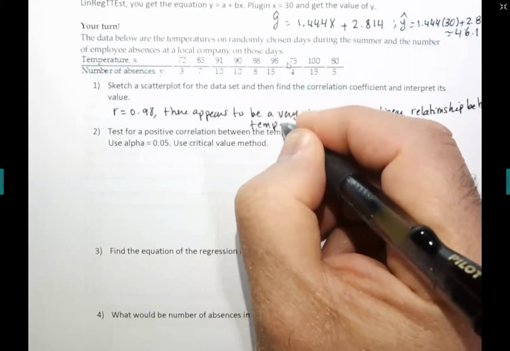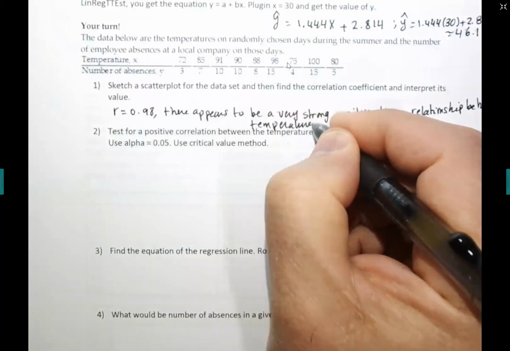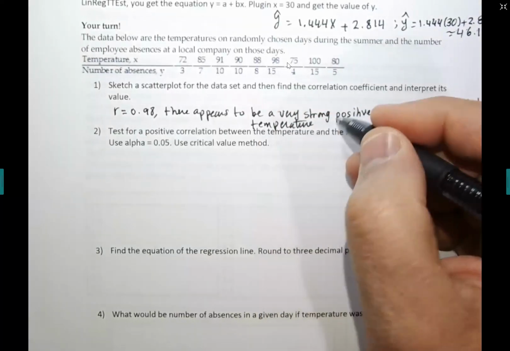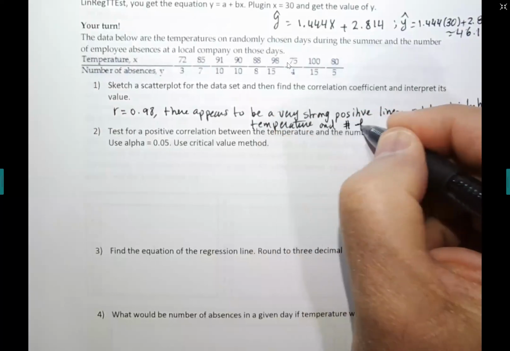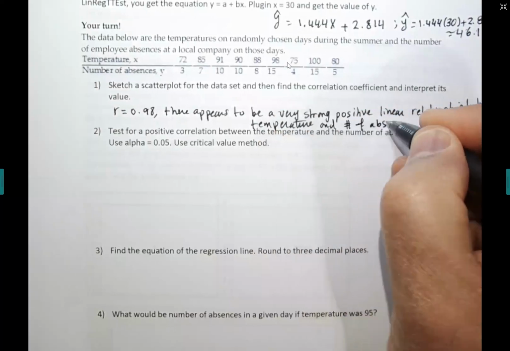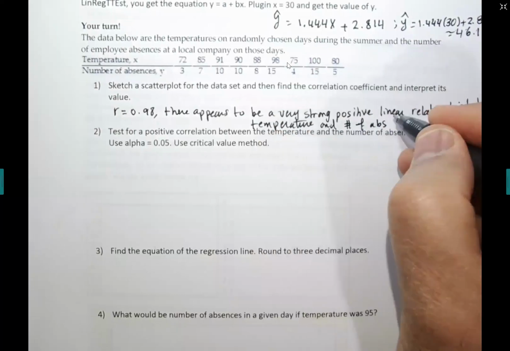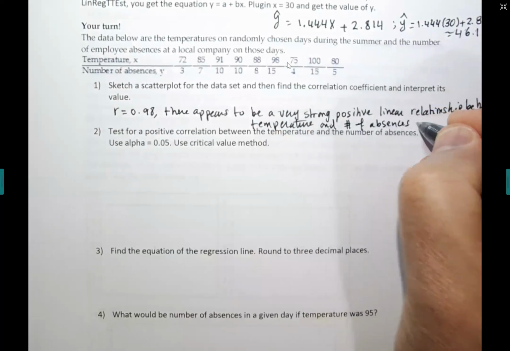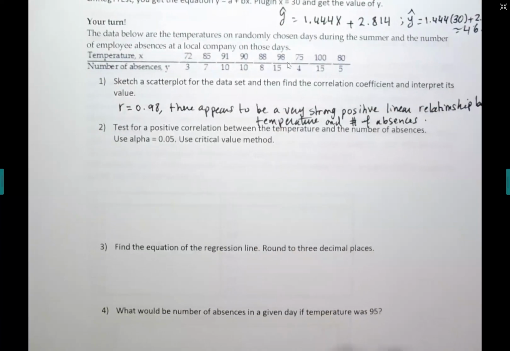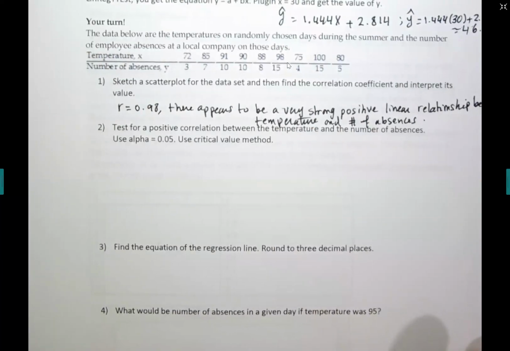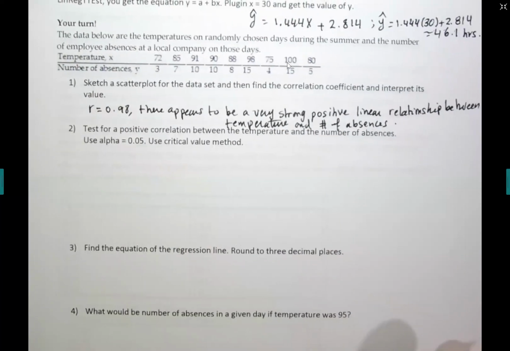I'm not going to put X and Y. For a reader, just put the actual wording. So it seems when it gets hot, those employees tend to take more days off. They don't want to come back to work. Maybe they want to go to the beach or do something else, but that's what it appears to be.